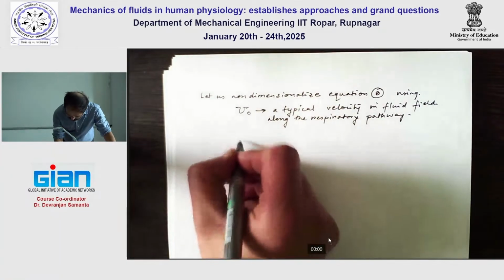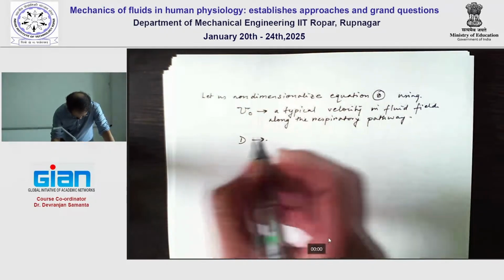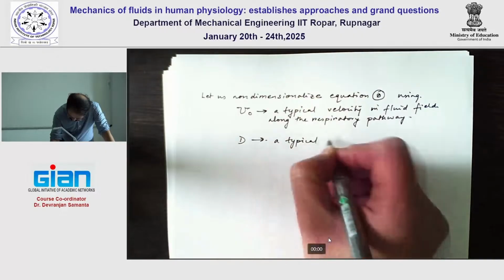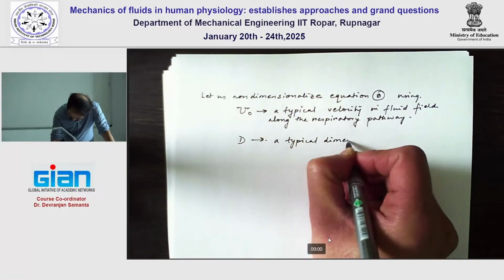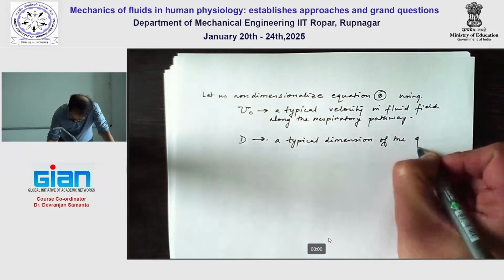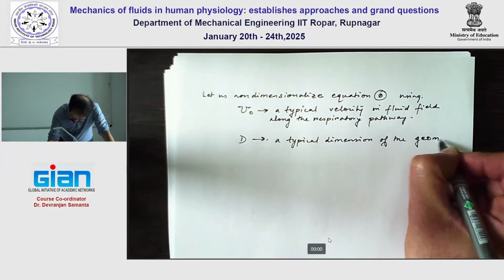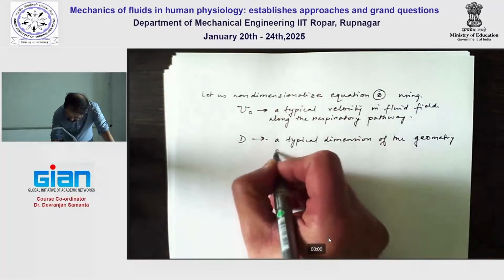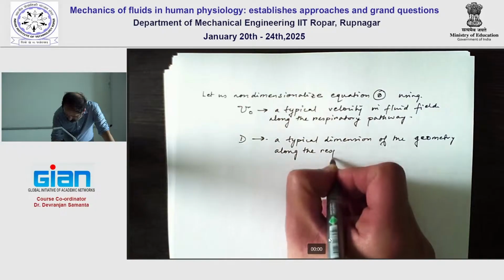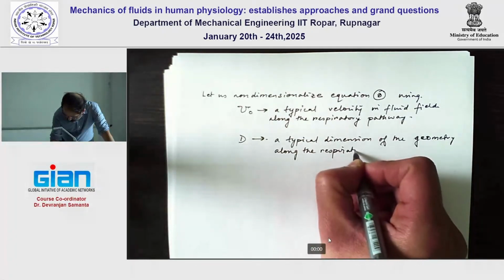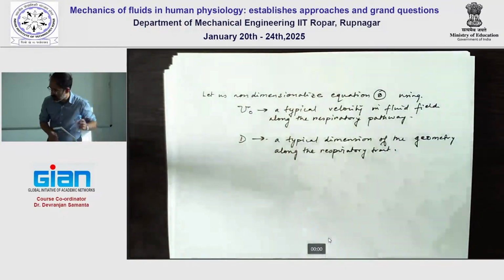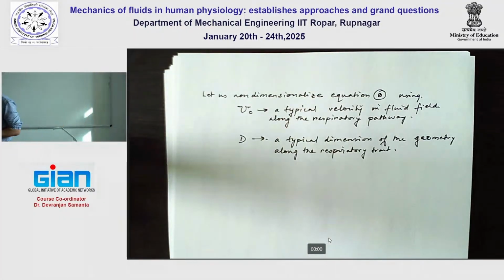We need a d. It is a typical dimension of the geometry along the respiratory tract again. Now, the geometry of a respiratory tract is quite interesting.